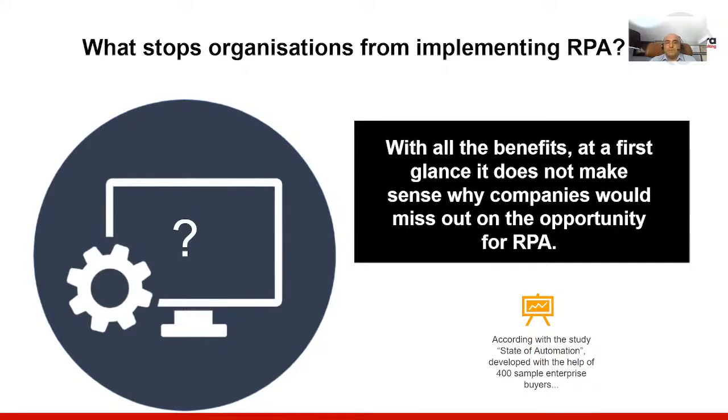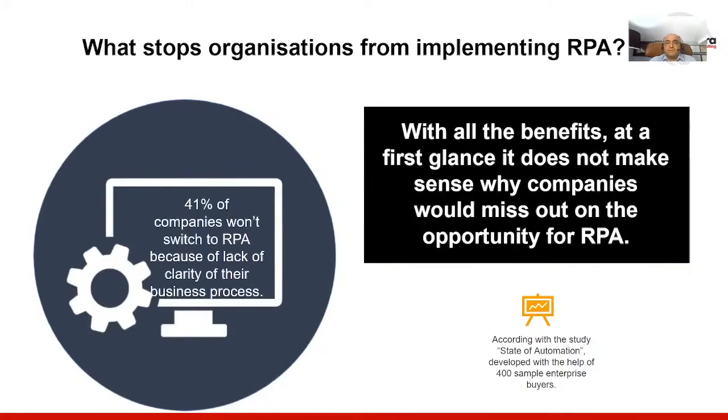When we ask these questions, the answer is clear: 45% of companies have not succeeded with RPA because of the lack of clarity of business processes. That's a very important point. And in our process era, we always encourage customers to discover their processes and find the bottlenecks.